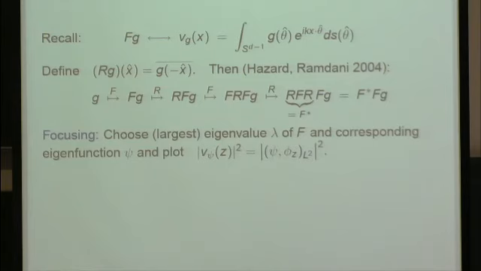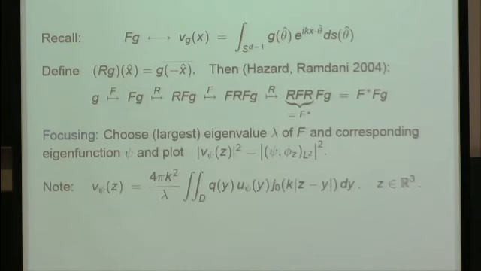Okay, the idea of time reversal is that we take the largest eigenvalue lambda of F star F, I guess it is missing here, and the corresponding eigenfunction, and plot this Herglotz function with the eigenfunction there.